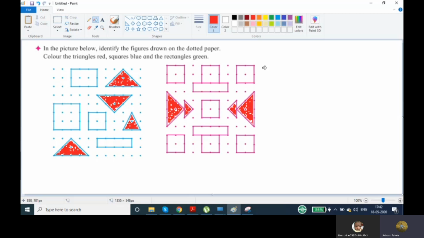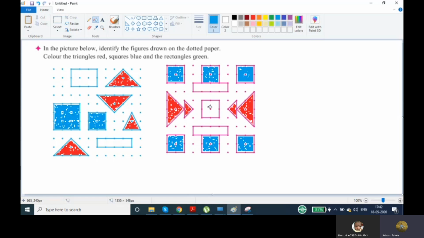It also says the squares in blue, so we are going to select color blue. It says blue only for the squares. So this is perfectly square. This is a square. This is a square here, here, and here, a couple more.